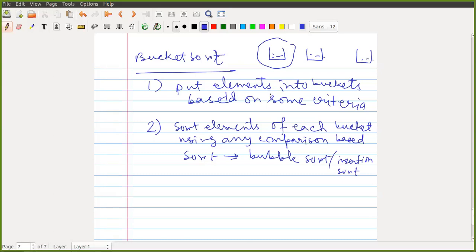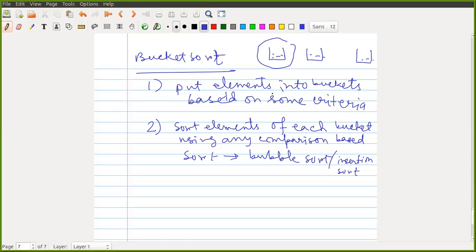Since the input is random, we can hope that a large number of inputs will not be clustered into a single bucket, so roughly the number of elements in each bucket will be about the same. In the second step, we sort the elements inside each bucket using a comparison based sort like bubble sort or insertion sort.